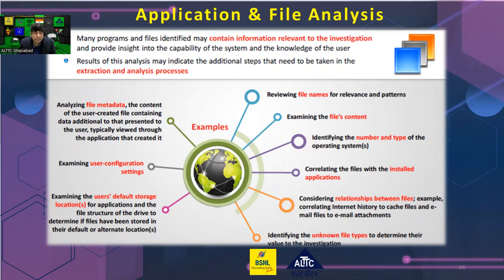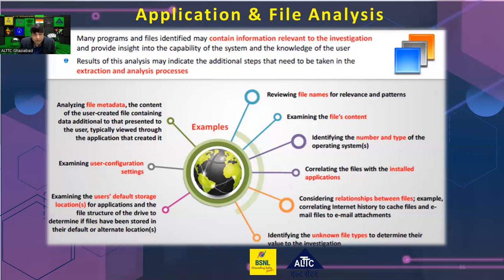The results of this analysis may indicate additional steps that need to be taken in the extraction and analysis process. Here are some examples. Examine the file content, considering the relationship between files, for example correlating internet history to cache files, and email files to email attachments.